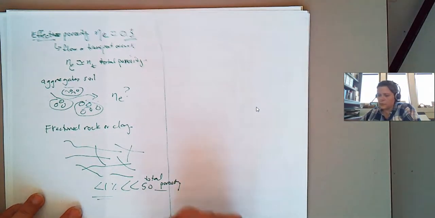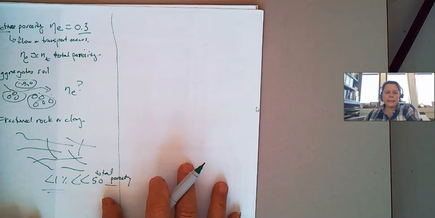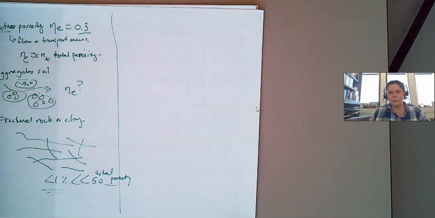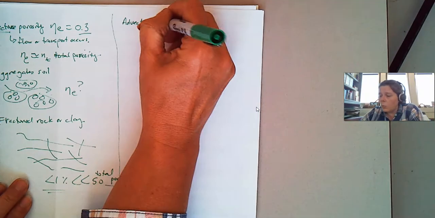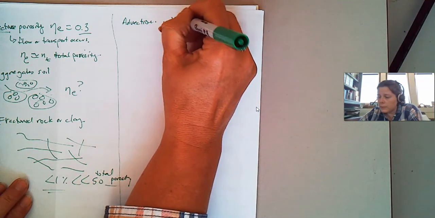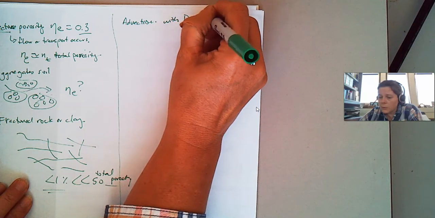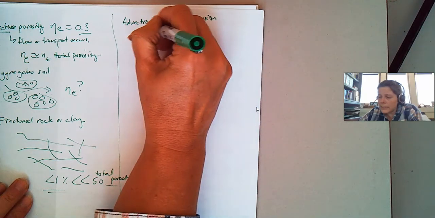Now, draw a line here. The thing is that we really don't get effective flow in the environment. We don't get this plug flow occurring because of what we talked about with dispersion. So when we have advection with dispersion, which we already talked about, we're going to get mixing.